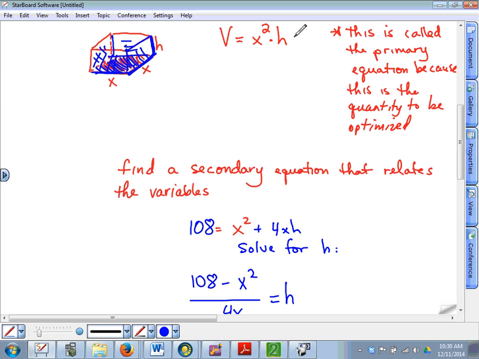Now plug that into the volume formula. Volume equals x squared multiplied by 108 minus x squared all over 4x. We could probably simplify this down a bit.